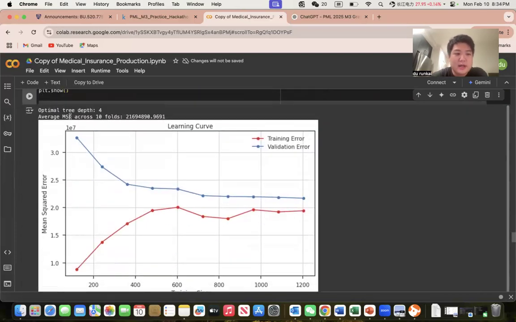The best depth for the tree model is 4. If it's less than 4, the prediction is not very accurate. But if the depth is increased to 6 or 8, maybe the model will show overfitting. And the average MSE is 2169.